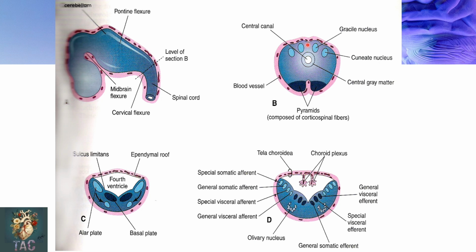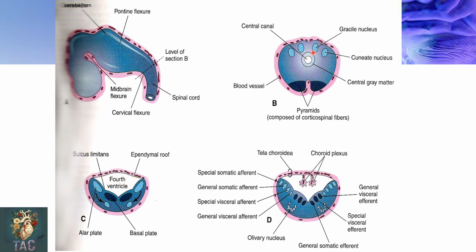Because of the changes in the cranial part of the medulla oblongata, there is thinning of the roof plate, and as a result of the thinning of the roof plate, the fourth ventricle will be formed.